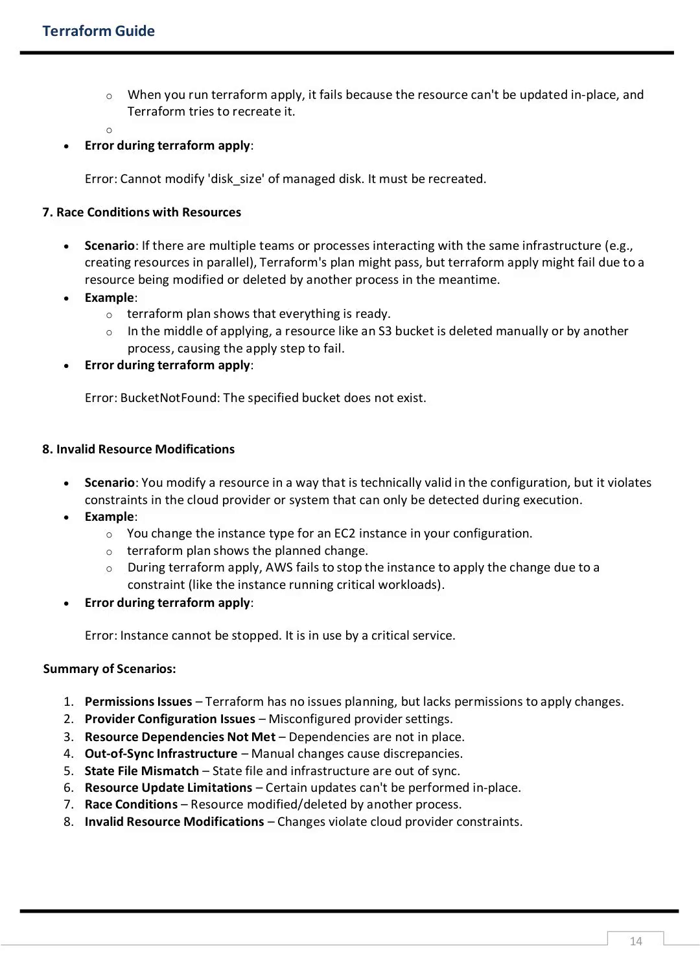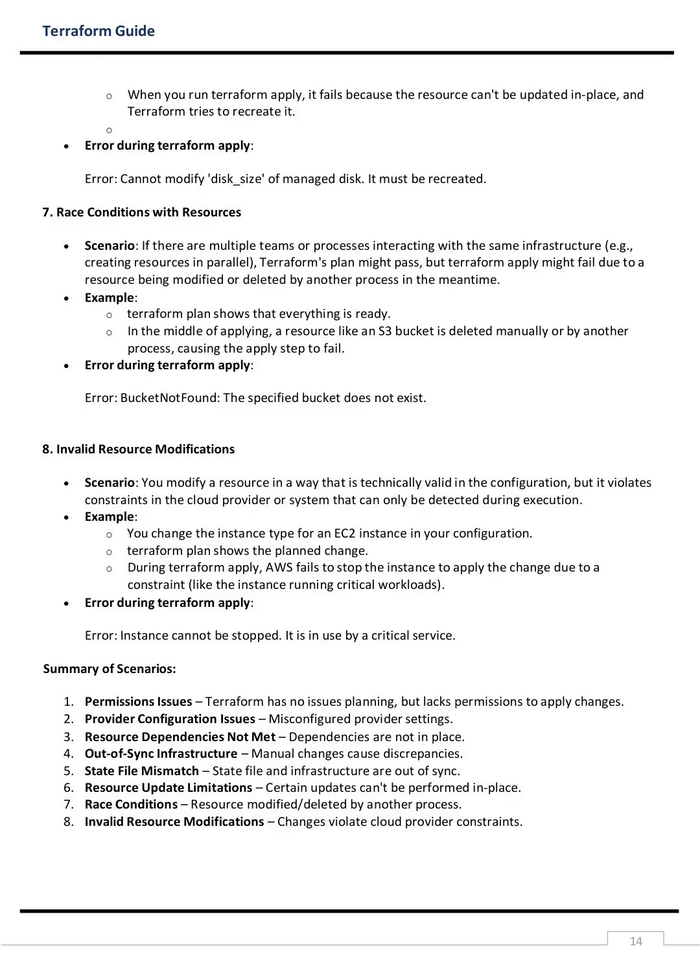Terraform plan shows the planned change. During Terraform apply, AWS fails to stop the instance to apply the change due to a constraint, like the instance running critical workloads. Error during Terraform apply. Error: instance cannot be stopped. It is in use by a critical service.